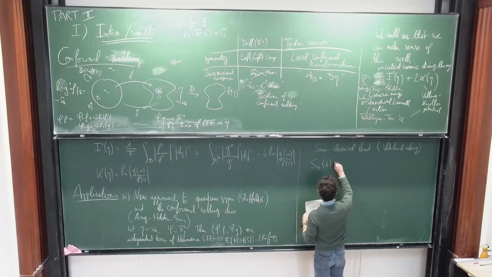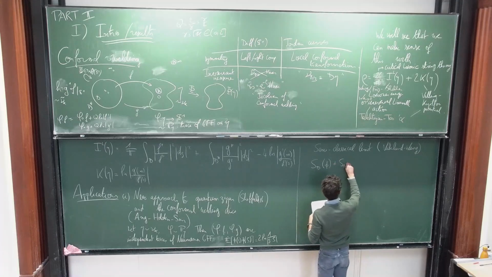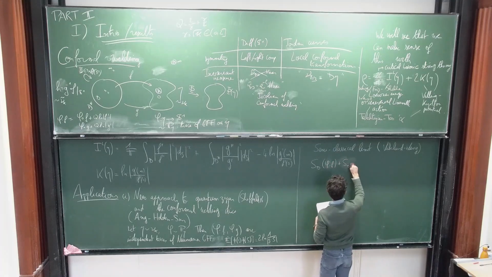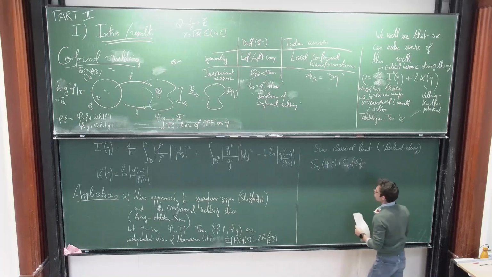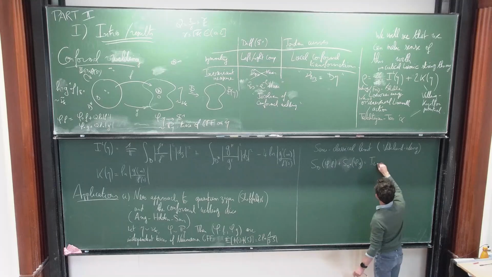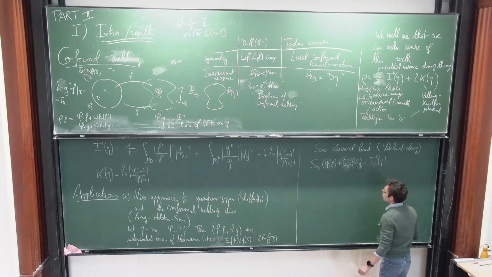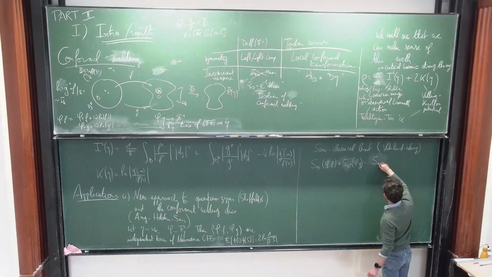So what they prove is that if you look at the Liouville action of this phi dot f plus the Liouville action of the phi dot g, this is equal to the Loewner energy plus the Liouville action defining your, so this is the energy defining phi.